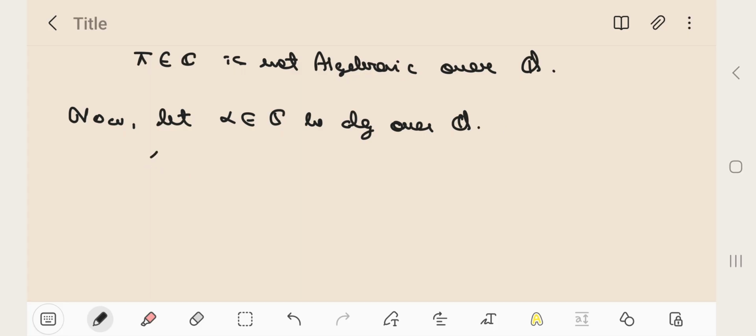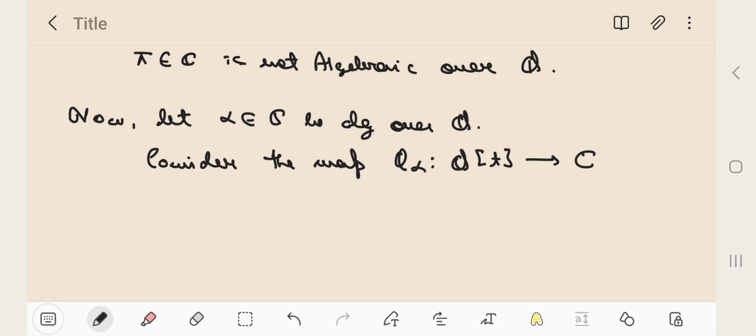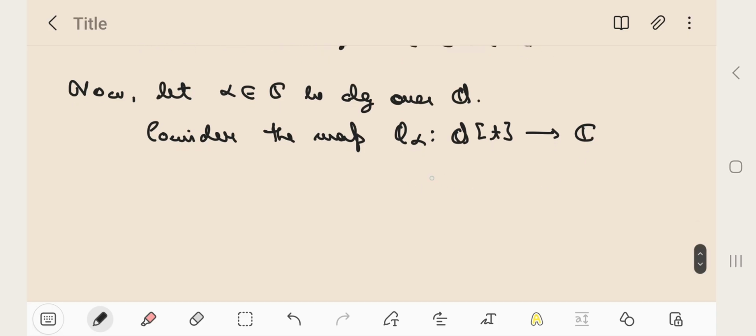Then we can consider a map which we often call the evaluation map. Consider the map phi alpha, which takes elements from Q[t] to C, and what it does is that it takes an element which should be a polynomial over Q, f(t), and it evaluates this polynomial at alpha.